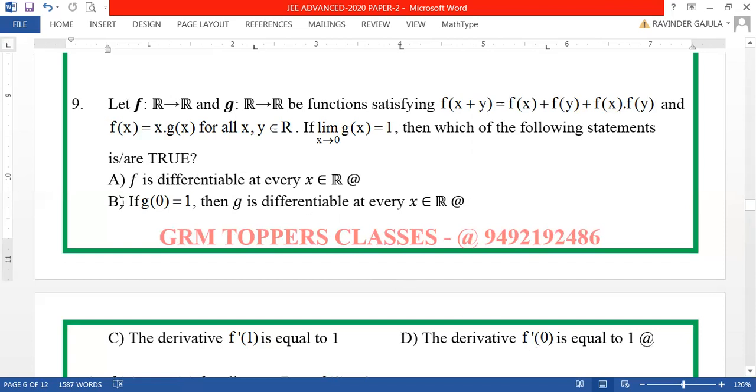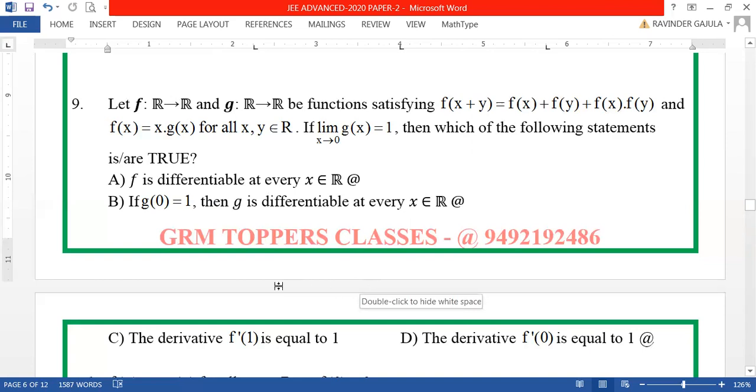That means we have to verify whether f is differentiable or not for every x belongs to R. And also if g of 0 equal to 1, then whether g is differentiable at every x belongs to R or not. This is about g, this is about f. This is the derivative f dash 1, this is the derivative f dash 0. So these things we need to find here.